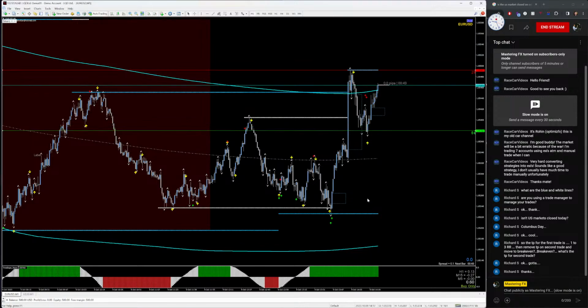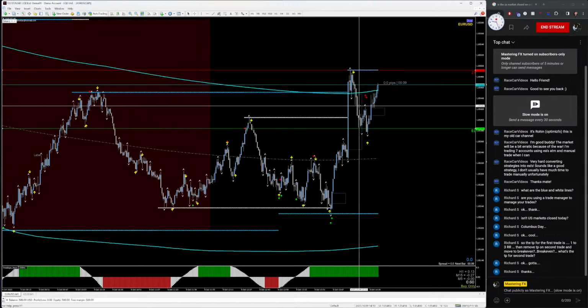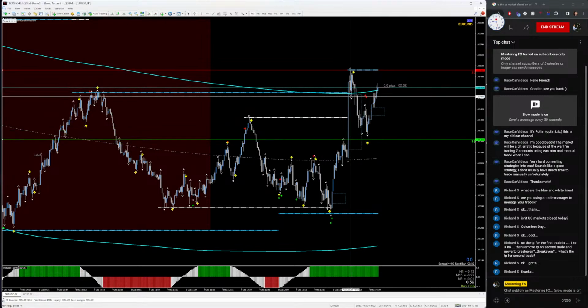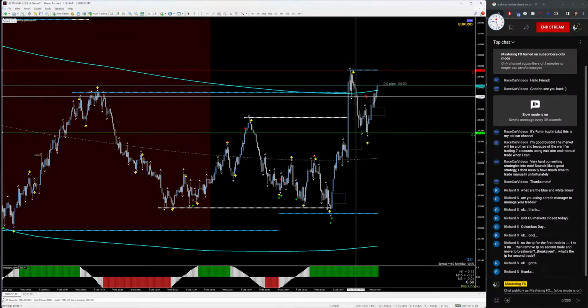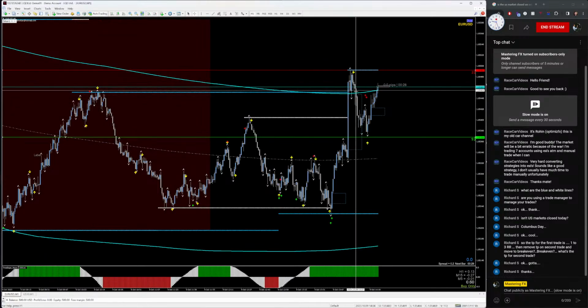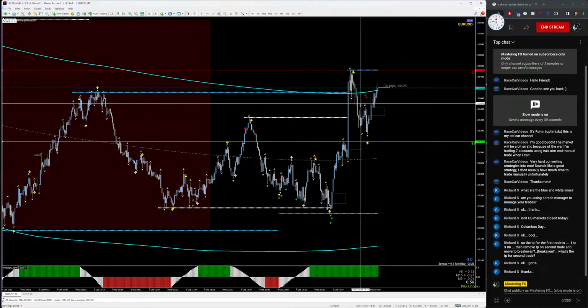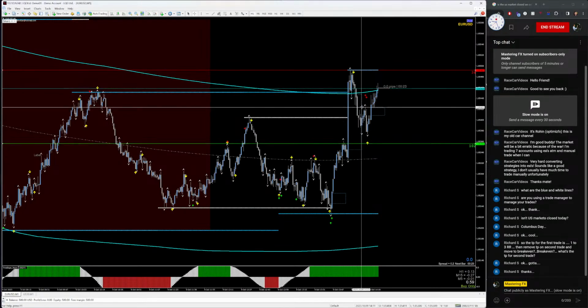Yeah, and even though we did have a fair value gap here, this was not before we broke structure. As you can see, we broke structure here, and at that point we did not have a fair value gap. So I don't like that fair value gap anyway because of that.